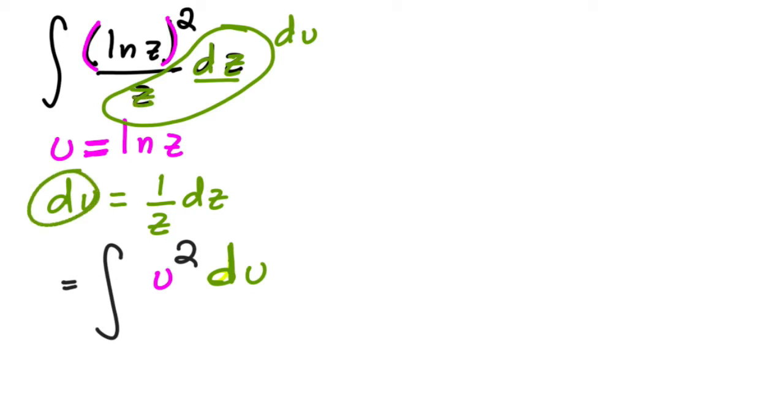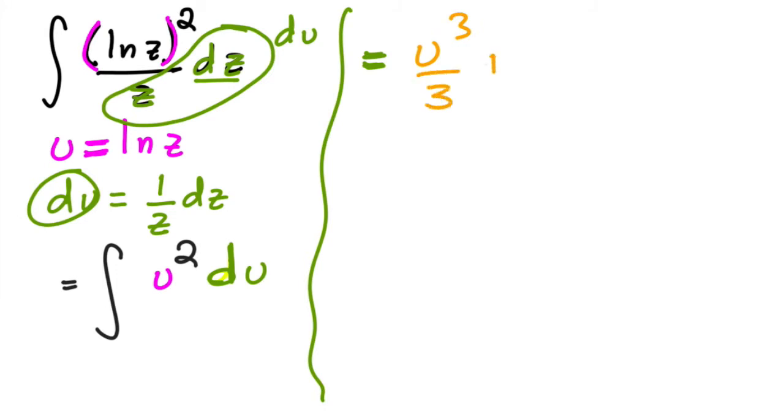So du is going to go on the top. That's really important. You should never have du on the bottom, ever. If you have du on the bottom, then you can't do anything. Either you did something wrong or I don't know what happened. Anyways, then the antiderivative is u cubed over 3 plus c, or natural log of z cubed all over 3 plus c.